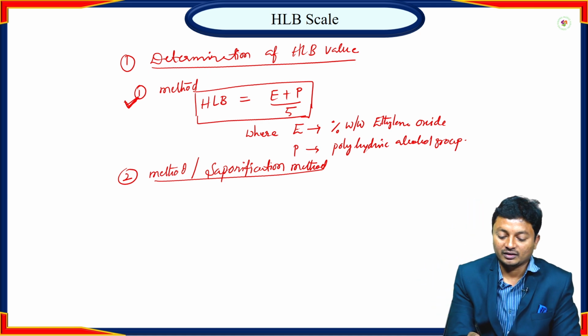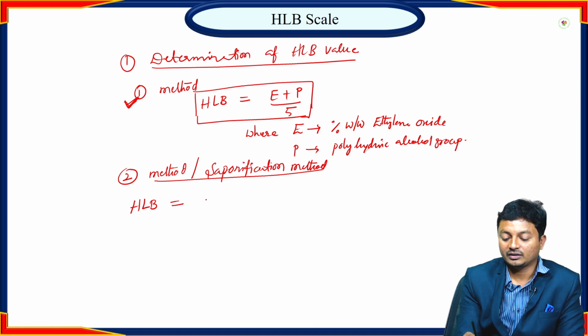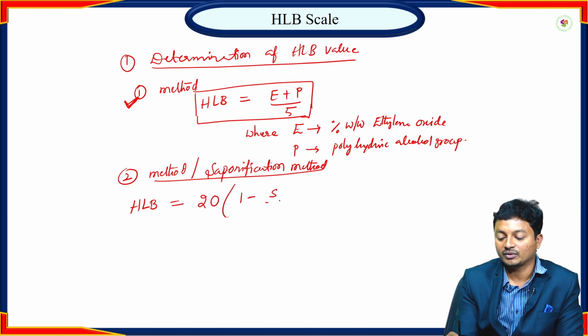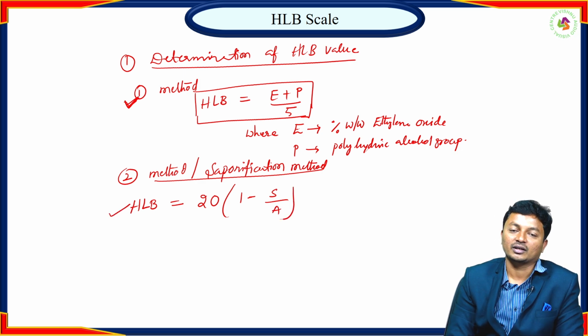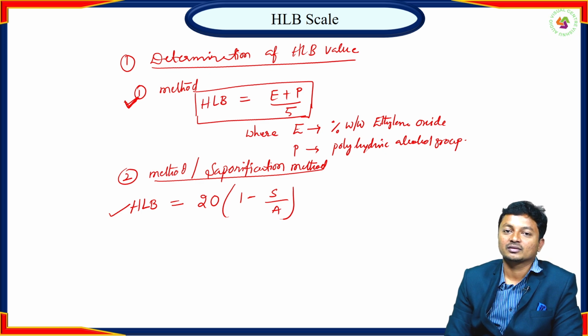So in this method, the HLB will be calculated by this formula, that is HLB is equal to 20 into 1 minus S by A. By using this formula, we can calculate the HLB value of the given substance.